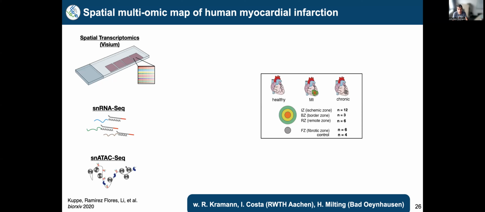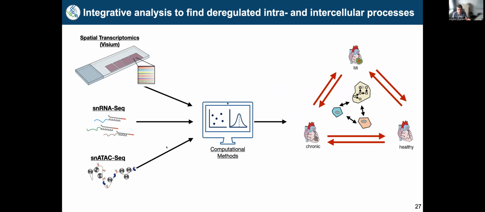In addition, we had ATAC-seq information about chromatin accessibility of the sample. So the idea is how we can use computational methods to integrate the spatial data, the single cell data, and the ATAC data to understand the regulation in the human heart in the context of myocardial infarction, both intra- and intercellular.